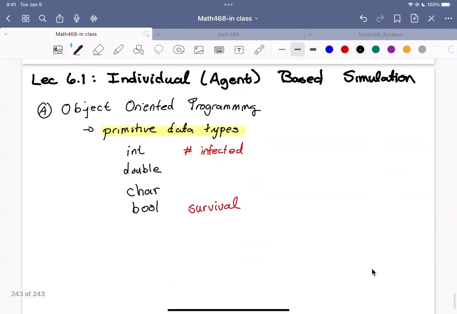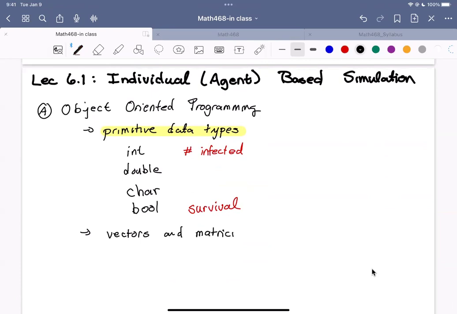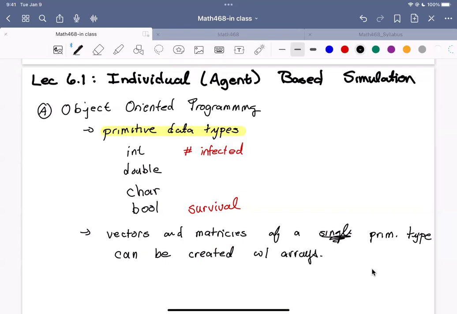And oftentimes, as we've seen in this class, we want to combine these into lists of vectors and matrices of a single primitive type. So you've done this extensively in your programming this semester.